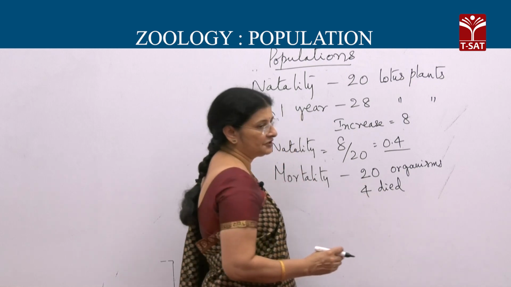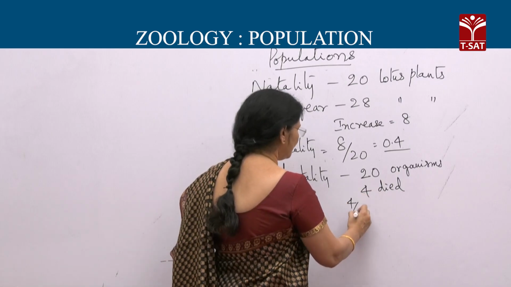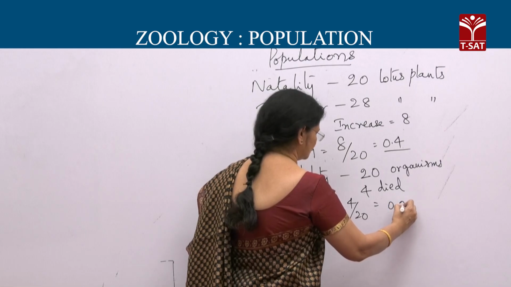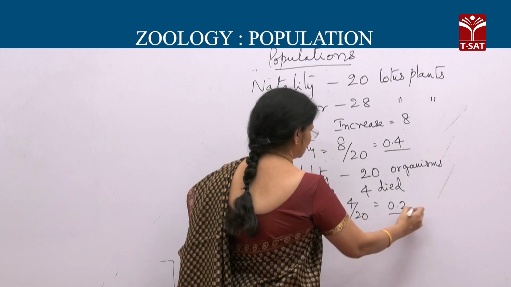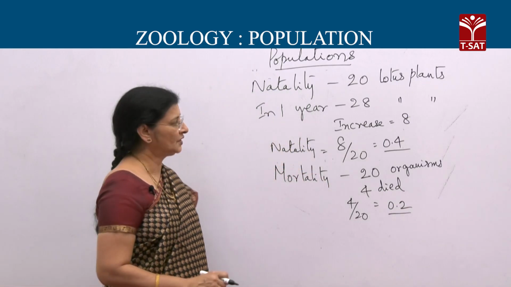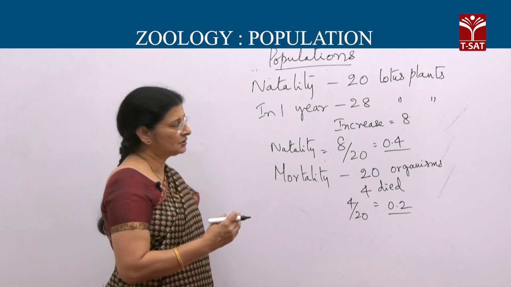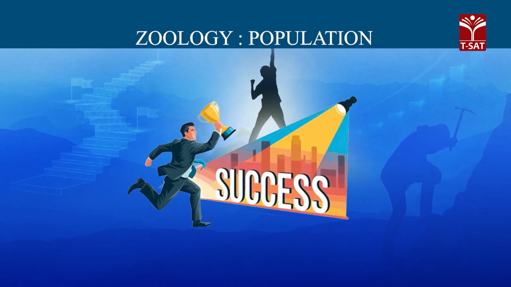In 1 year they reduced to 16. 4 died, so 4 by 20, that is 0.2. 0.2 is the mortality of this population. These are the ways generally used to calculate the natality and mortality of a population.